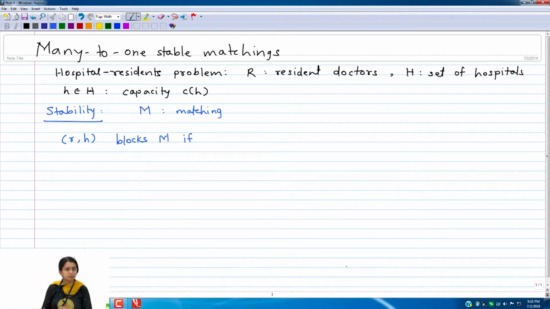Yes, that is true. So let me also tell that M satisfies this property. This is a valid matching if each resident gets one hospital.